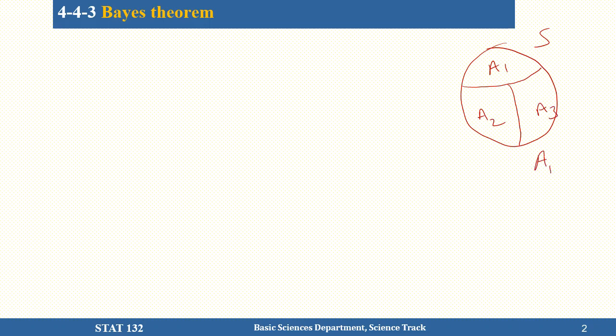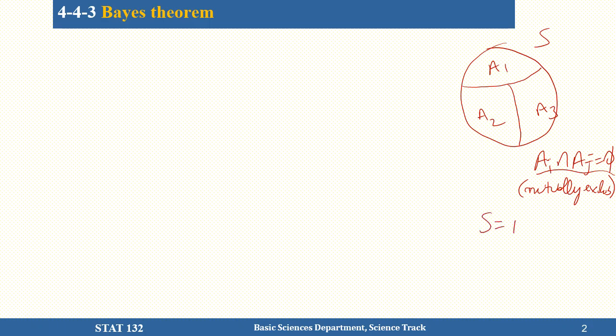So these Ai and Aj, they have this property. They're disjoint, so they're mutually exclusive. Let's assume they're mutually exclusive. It means their intersection is the empty set. And we have the other thing.